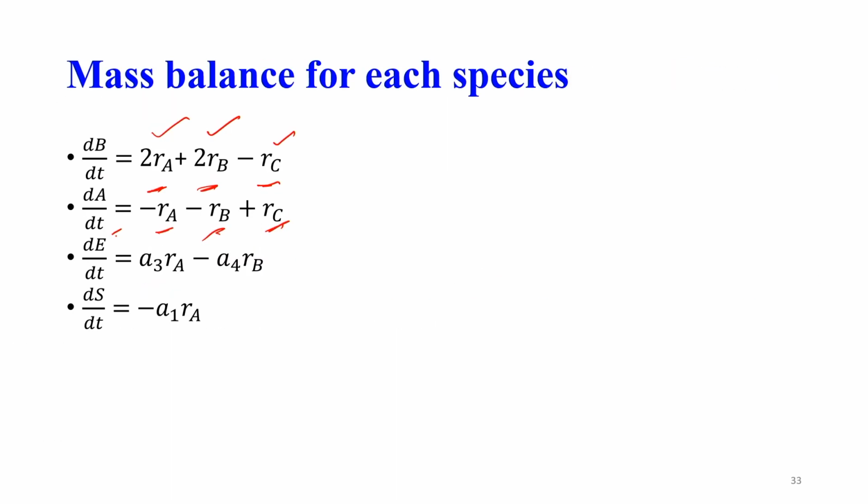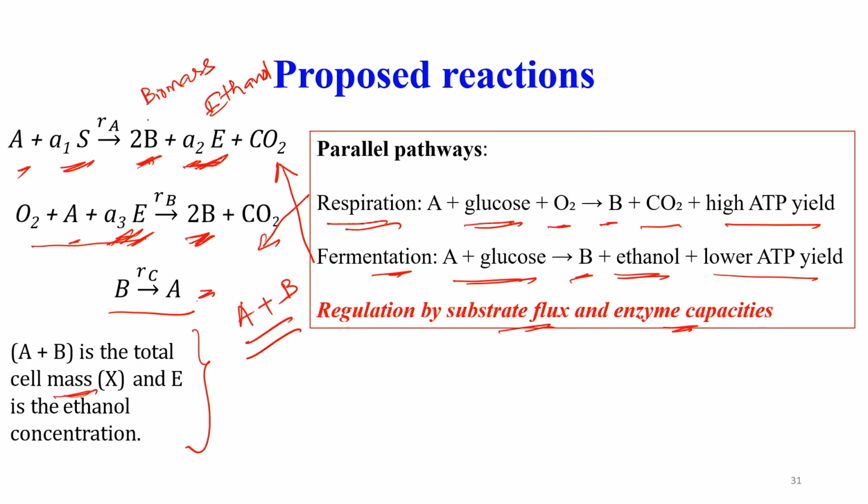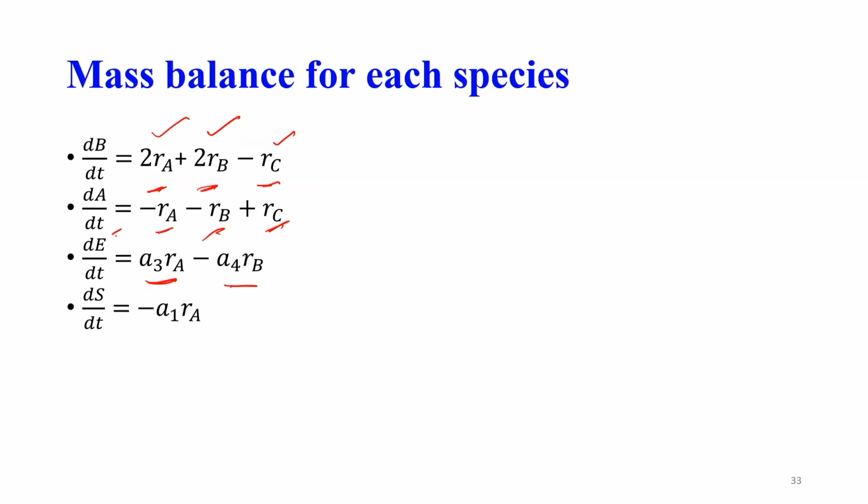So, it will be A2 into RA minus A3 into RB.